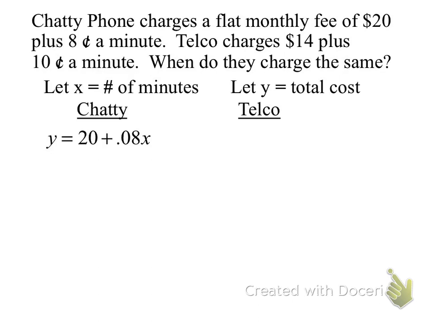The charges equal the base fee, the monthly fee, plus 8 cents per minute. Okay, what would the other equation be? Y equals 14 plus 10x. Good. Not 10x, 0.1x.